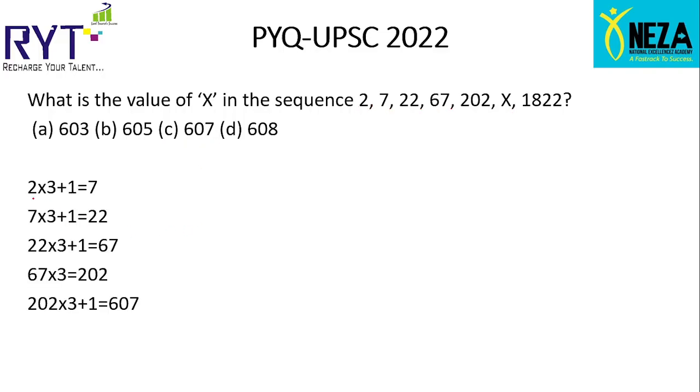Because the logic is 2 into 3, 6 plus 1, 7. 7 into 3, 21 plus 1, 22. In the same way, if you follow, 202 into 3 is 606 plus 1. Option C, 607 will be the right answer.